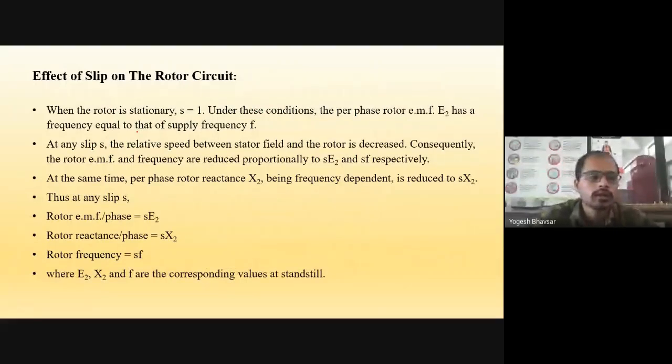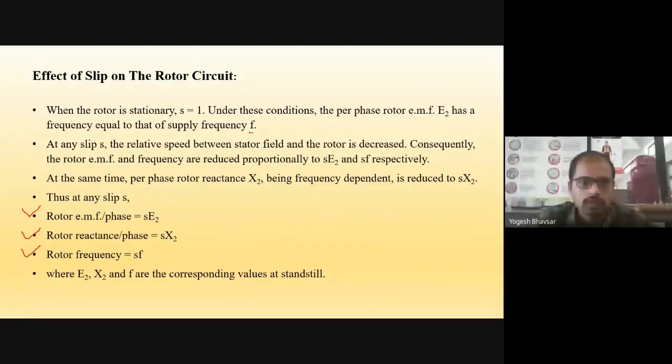Now similarly we can write the relations for rotor induced EMF per phase and rotor reactance per phase; the frequency we have already noted. Look at this: when the rotor is stationary, s is equal to 1. Under this condition, the per phase rotor EMF E2 has the frequency equal to the supply frequency f. This is for the frequency of current and voltage, right?